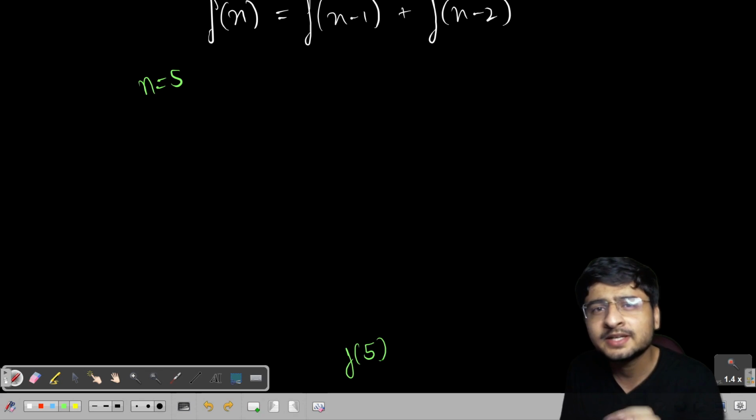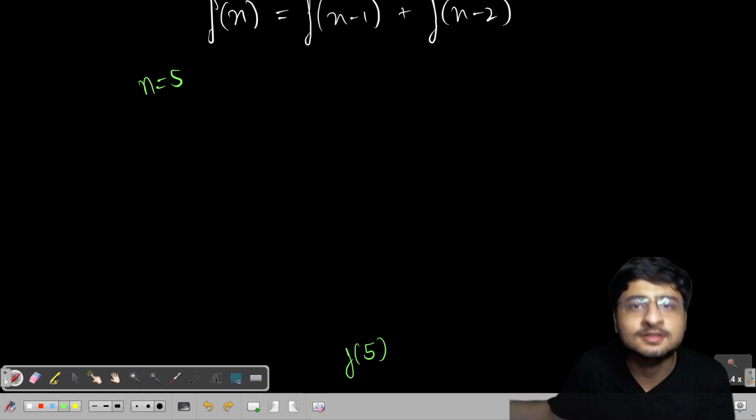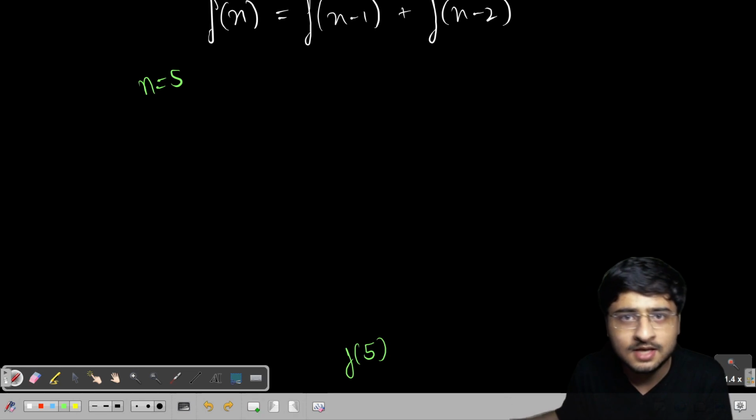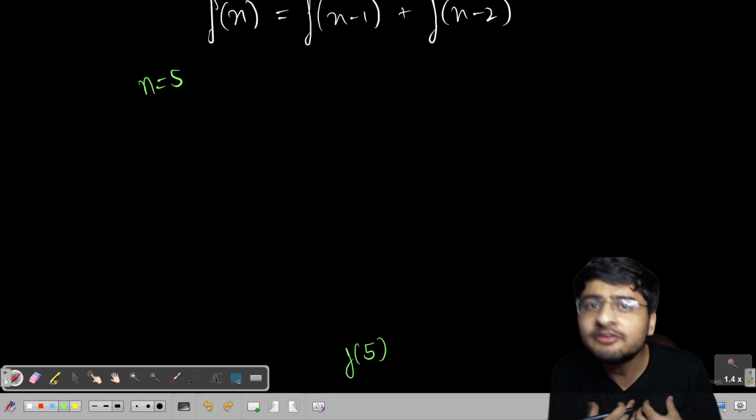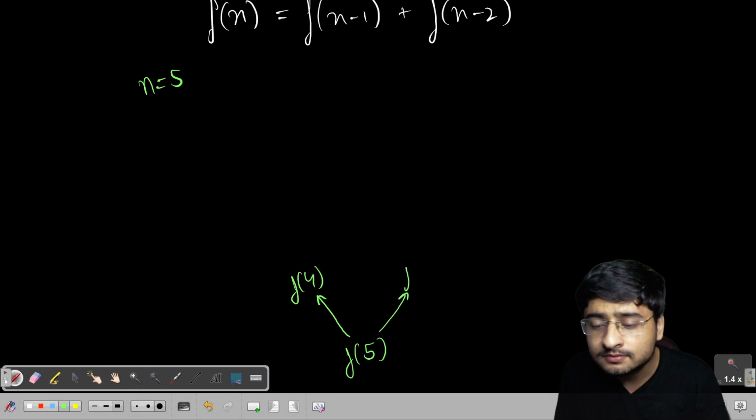You know the faith and expectation of a recursion? Faith is when I keep faith in others that they will do their task correctly, and expectation is that I will do my task correctly. So F of 5 is made by F of 4 and F of 3.